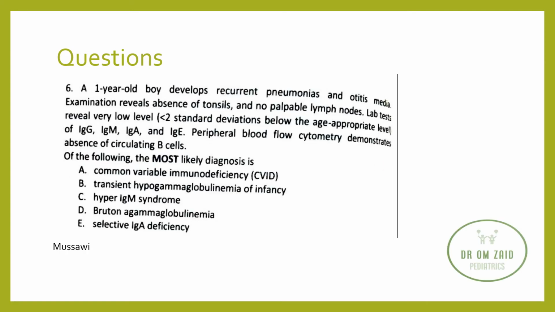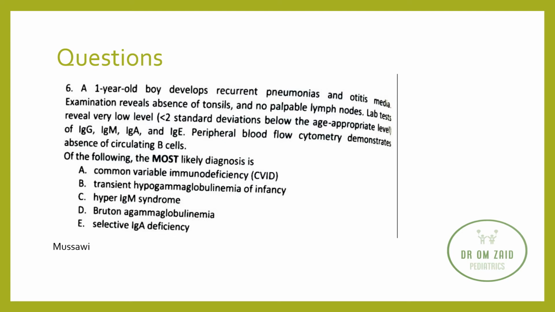Next: a 1-year-old boy develops recurrent pneumonias and otitis media. Examination reveals absence of tonsils and no palpable lymph nodes. Lab tests reveal very low levels, more than 2 standard deviations below the age-appropriate level, of IgG, IgM, IgA, and IgE.